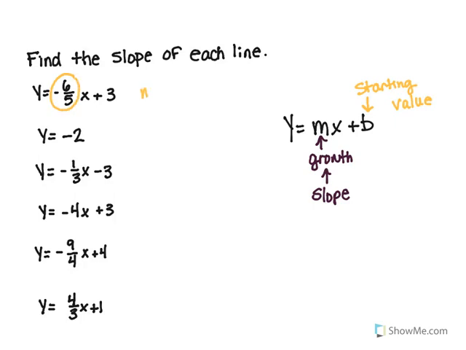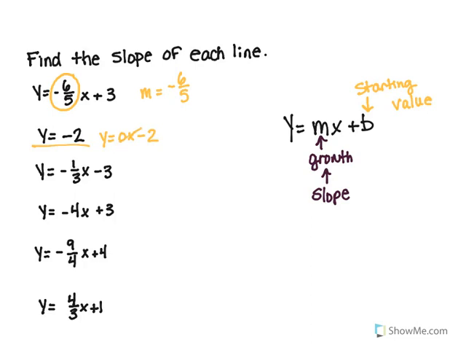So for this first one, m would be -6/5. So it's just the number that's next to the x. In this case, we don't have a number next to the x, but this is the same thing as y equals 0x minus 2. Because 0 times anything is 0, so that would make that go away anyways.